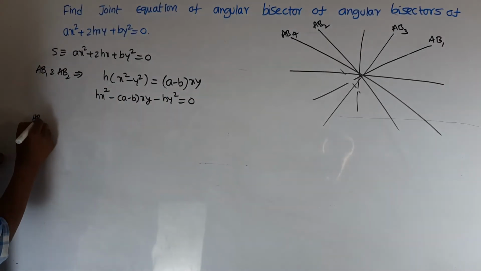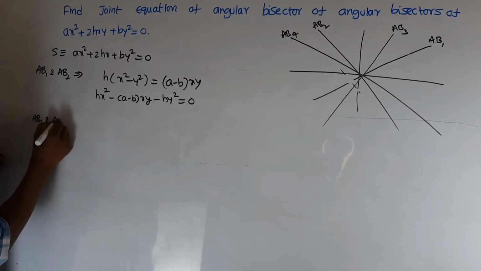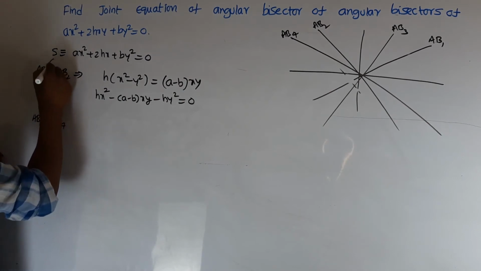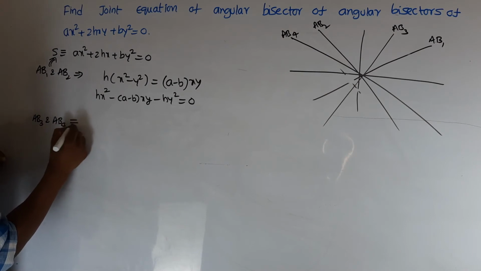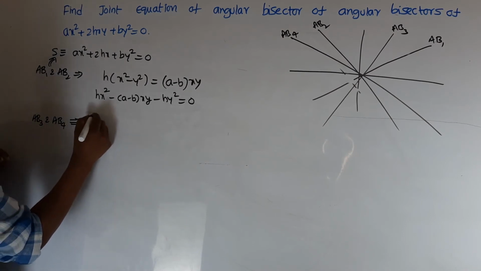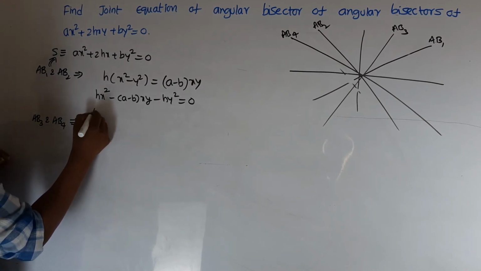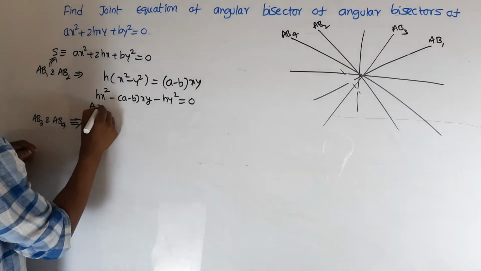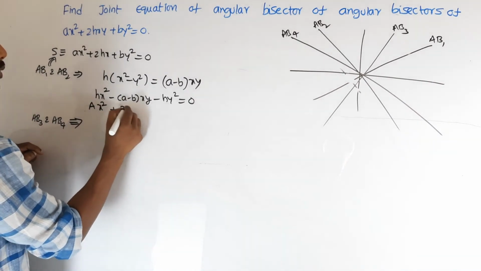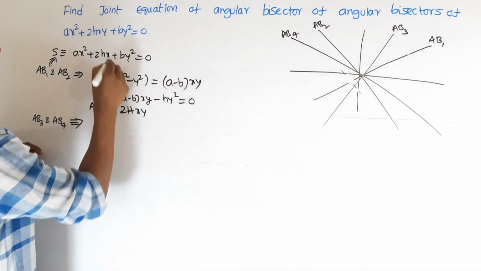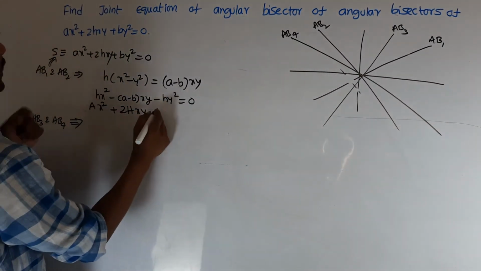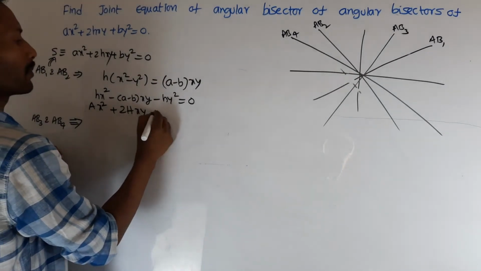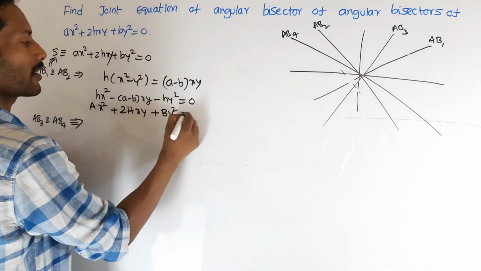Now angular bisector 3 and angular bisector 4. The equation is like capital A into x square plus 2hxy plus capital B into y square equal to 0.